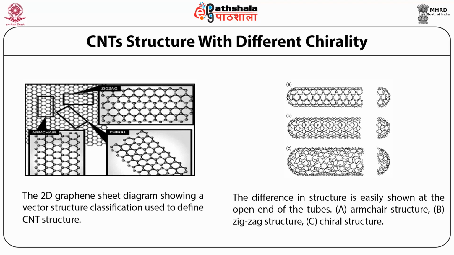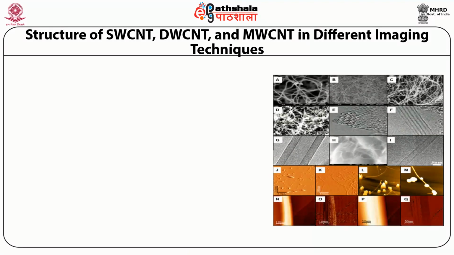Once again, carbon nanotubes are nano in dimension, and therefore it is not possible to visualize them with the naked eye. In that case, we need sophisticated techniques to study this nanotube structure. Presently we have systems where nanotubes can be imaged.